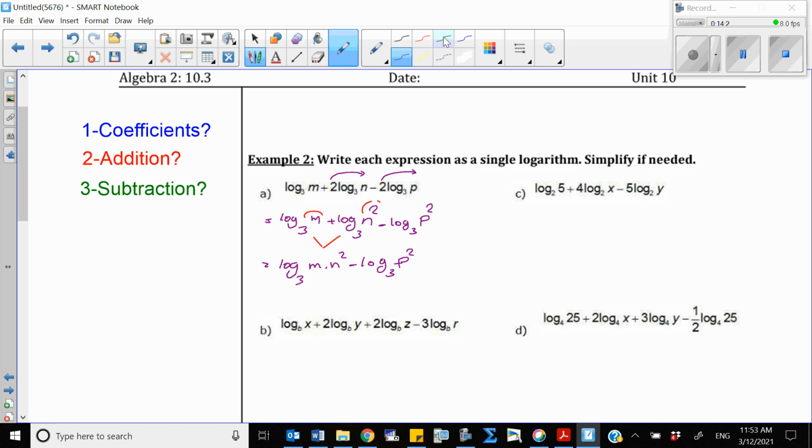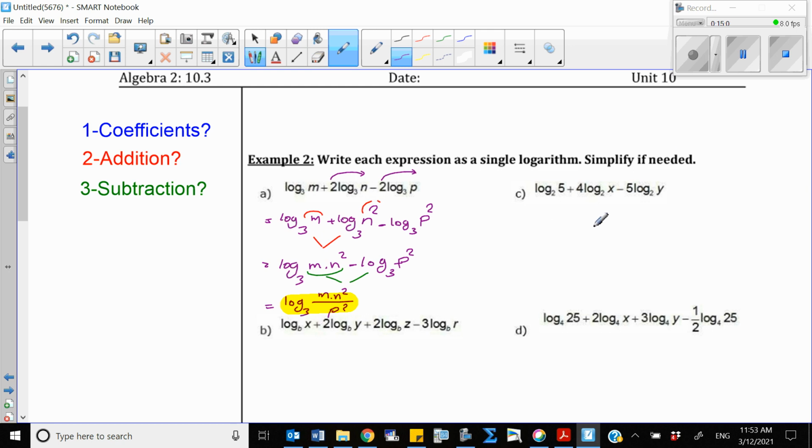Yes, I do. So I'm going to rewrite these two, condense them as one log, and write them as log base 3 of top. So the first one will be the top of your fraction. So I'm going to write m times n squared divided by the second one, p squared. So now I have only one single log, and that's my answer.